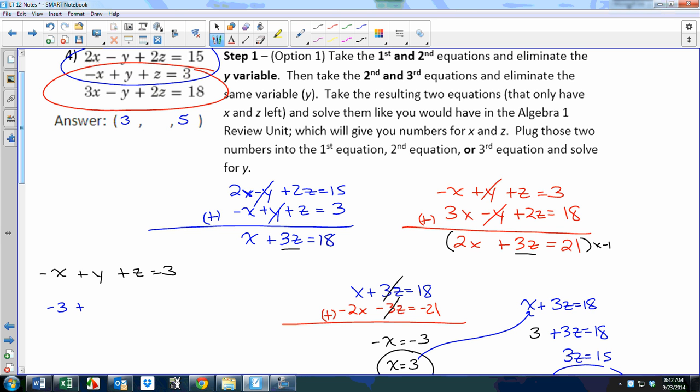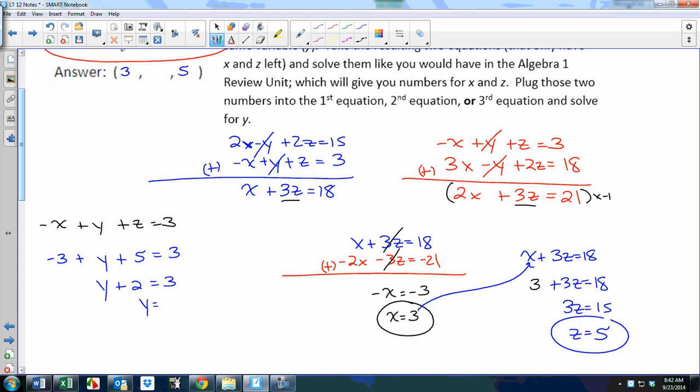So negative 3 plus y plus the z that we found, which was 5, equals 3. Combine like terms, y plus 2 equals 3. Subtract your 2, and y equals 1. 3, 1, 5.